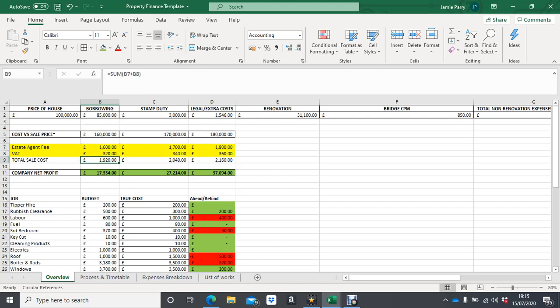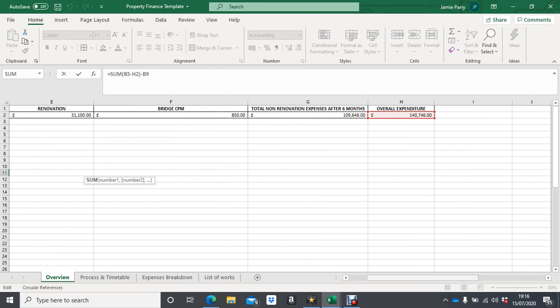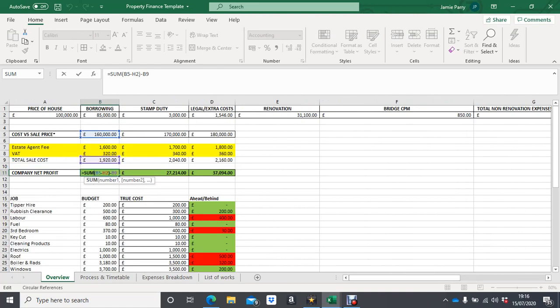Okay, so that's the total sale cost, and the company's net profit is the total sales price, take away the overall expenditure, and also taking away the total sales cost. So as you can see, even at our lowest estimate, we're looking at quite a healthy return of 17,000. And then if we sell for a higher estimate, we get obviously a much healthier return.